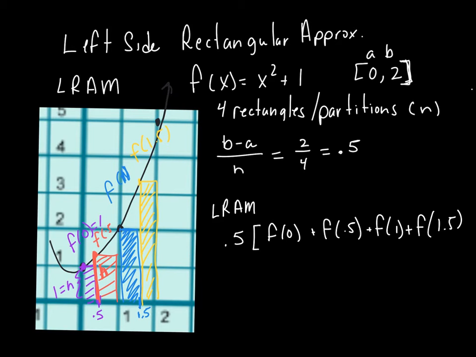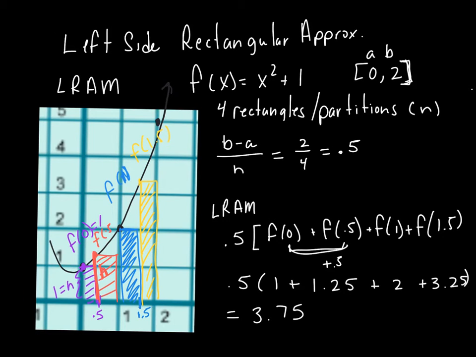All you're doing each time is adding 0.5 to each of those. So that gives me 0.5 times 1 plus 1.25 plus 2 plus 3.25. This is definitely smaller. You can see that by both of the pictures. This does not have nearly as much area in it. This is equal to 3.75.